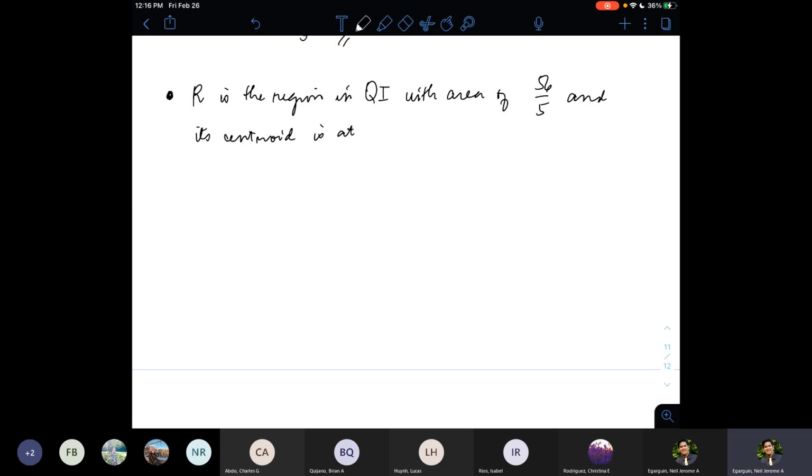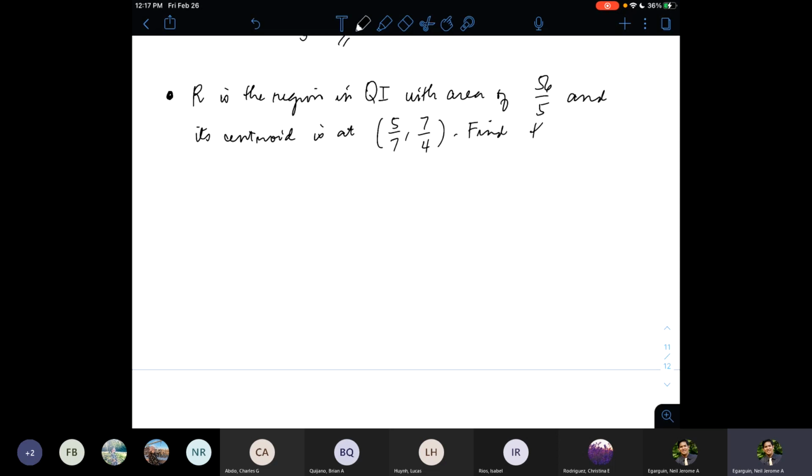Here, R is the region in the first quadrant with area of 56 over 5, and its centroid is at 5/7, 7/4.